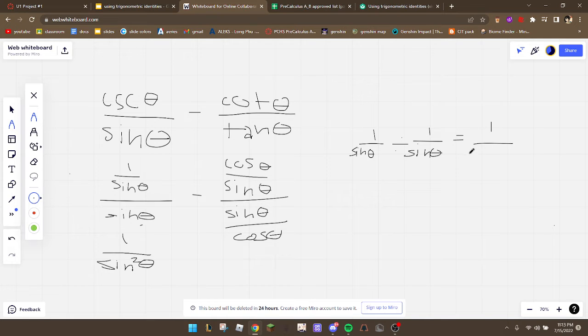That would equal 1 over sine squared theta. So there's our answer right there.